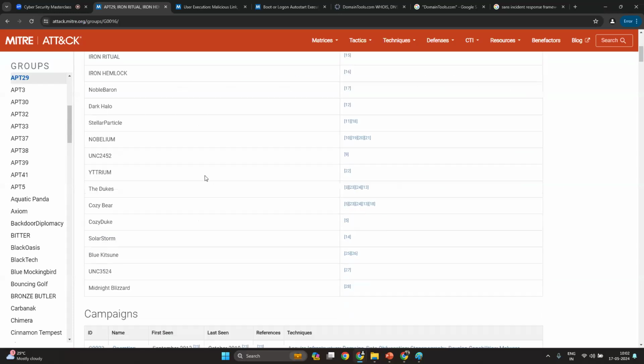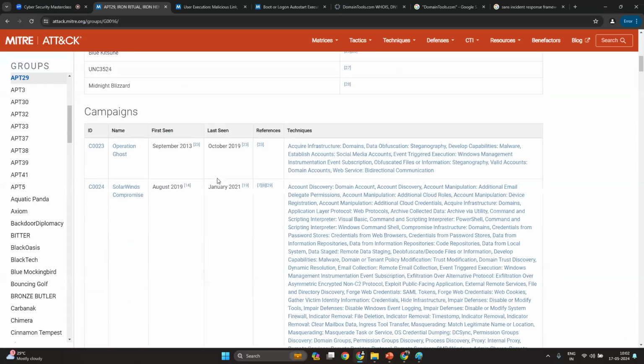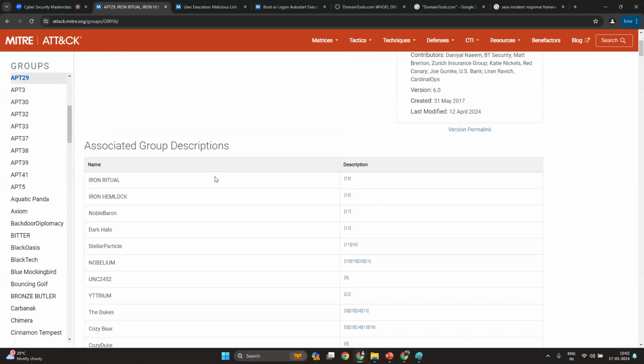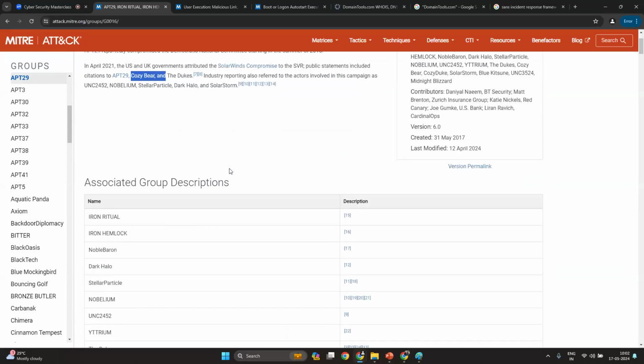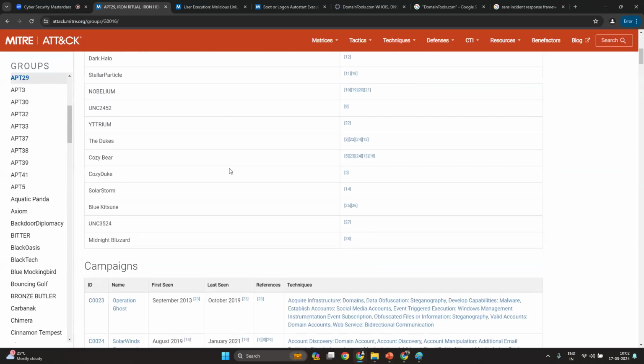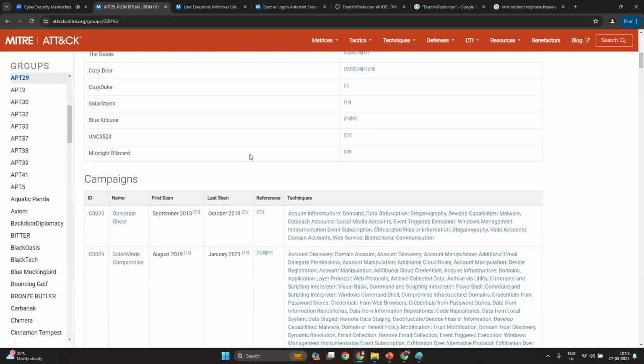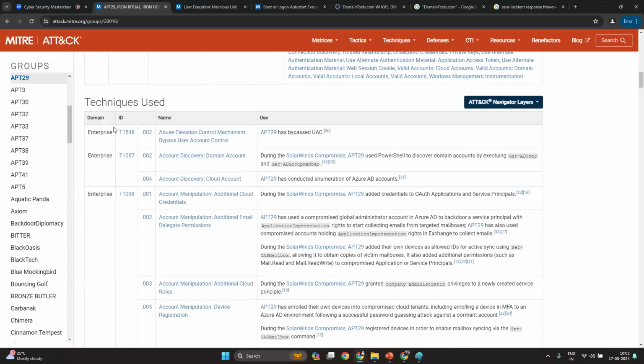You don't need to know all these details, but if you know that APT 29 infiltrated your infrastructure, now you know what techniques were used by them. Based on that, you can do threat hunts and incident response.